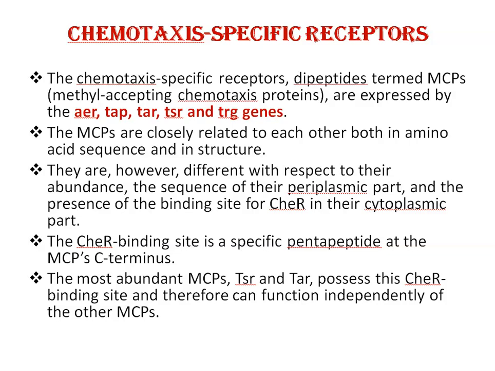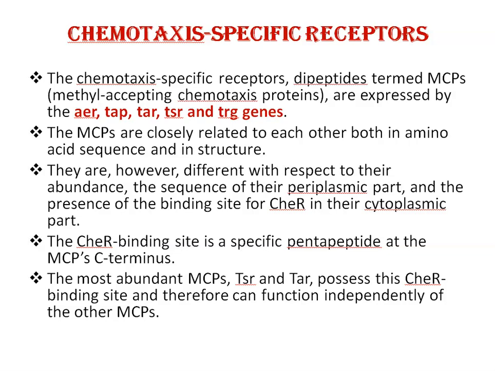Now, what is this chemotaxis R? It's a specific methyl transferase having a role in adaptation, right? Chemotaxis R binding site is a specific pentapeptide at the MCP's C terminus. Thus, the most abundant MCPs, TSR and TAR, possess this chemotaxis R binding site and therefore can function independently of the other MCPs.